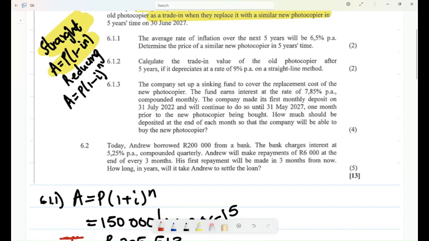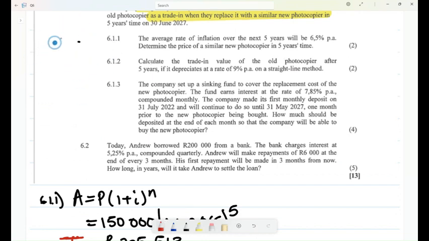Now, another thing, when you open a sinking fund, remember I talked about sinking fund, did I? Let me re-explain this. You are buying that car now, right?